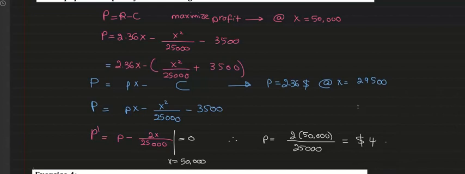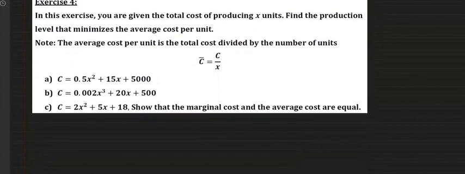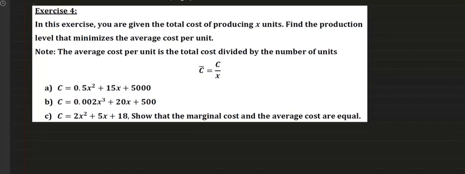So here we are required to find the production level that minimizes the average cost. And what we are given is different forms of the total cost.